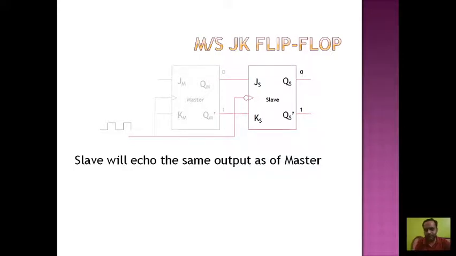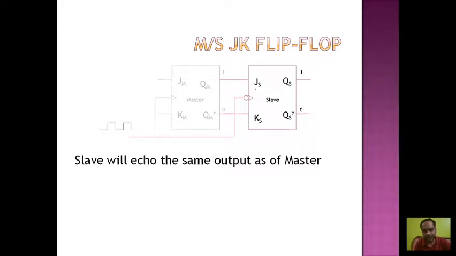And if we have the opposite second case, in which QM was containing 1, so in this case QM complement will be having 0, and this pair of inputs will be fed to the slave.